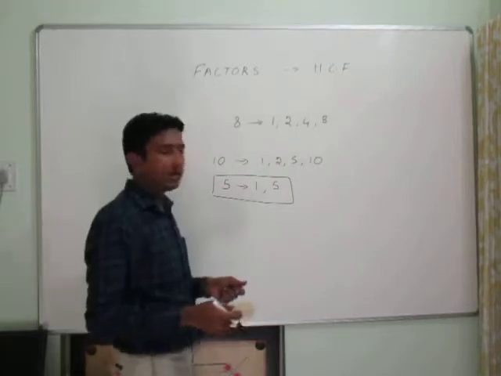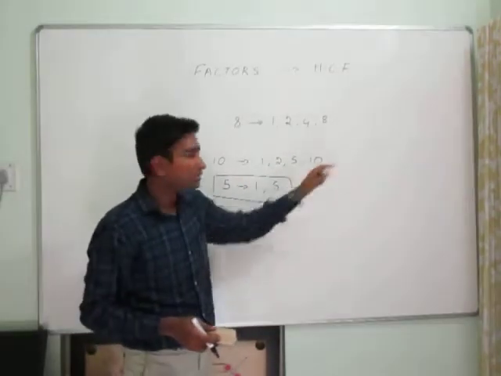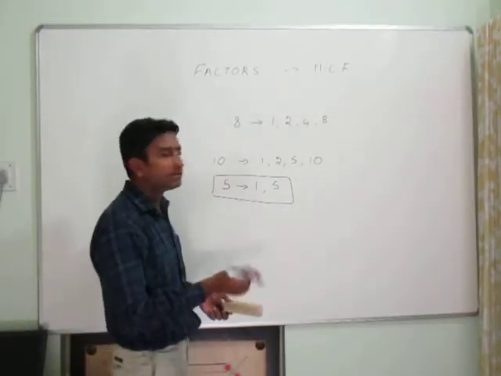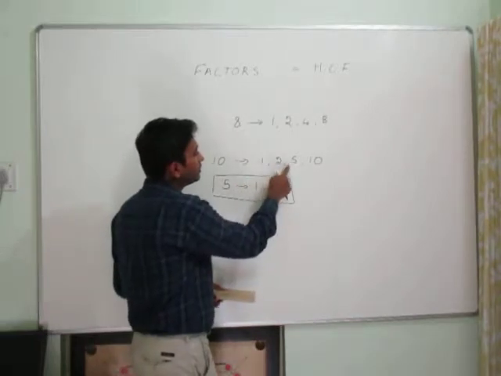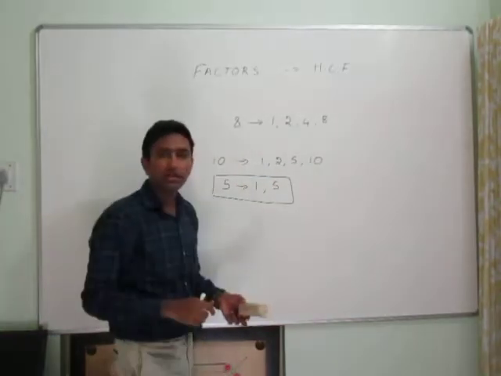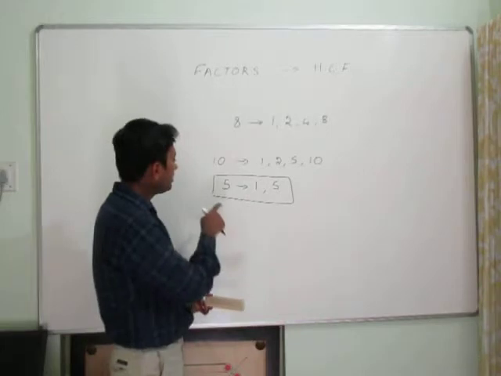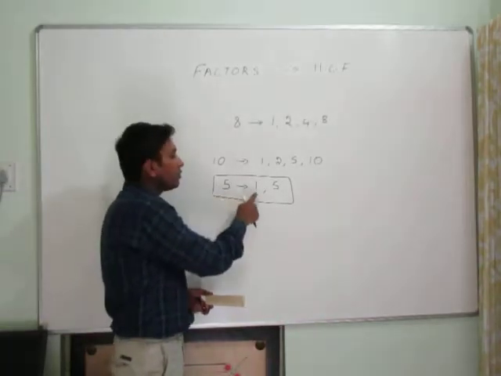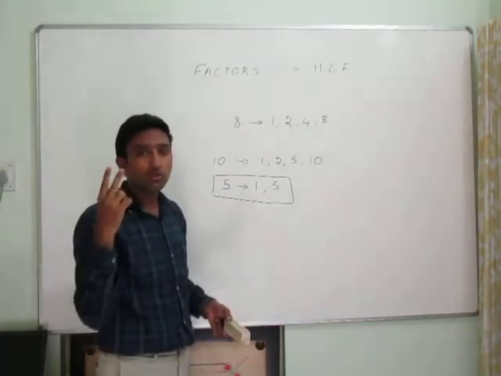The factors of 10 are 1, 2, 5 and 10. Now, how many factors does 10 have? 1, 2, 3 and 4. 10 also has 4 factors. How many factors does 5 have? 1, 2. Just 2 factors.